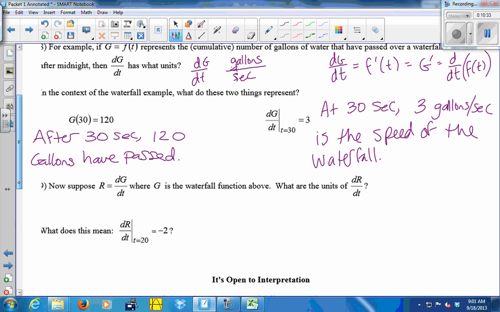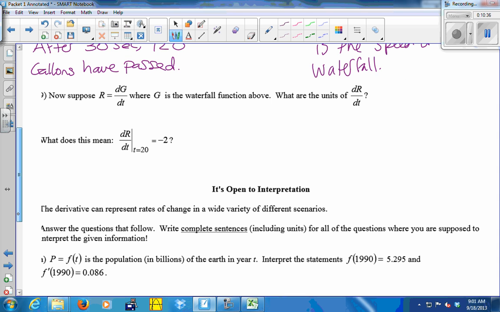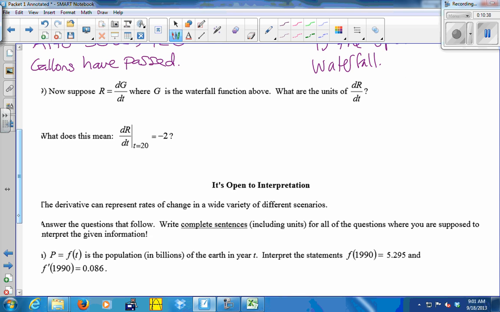Okay, let's suppose that R equals dg dt. G is the same waterfall function above. So R is this new function, the derivative function. What are the units of dr dt? The derivative of the derivative. Its units are the R units over the T units.